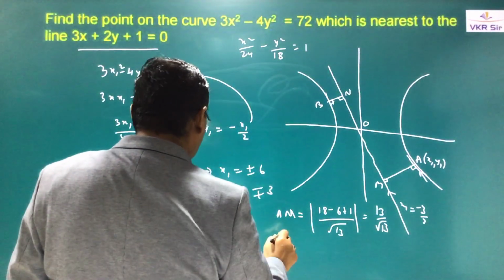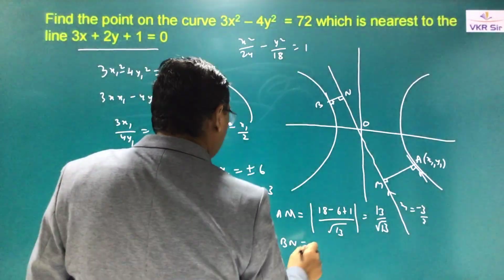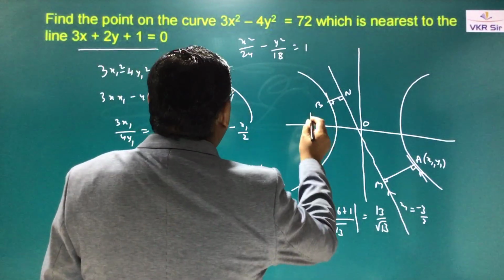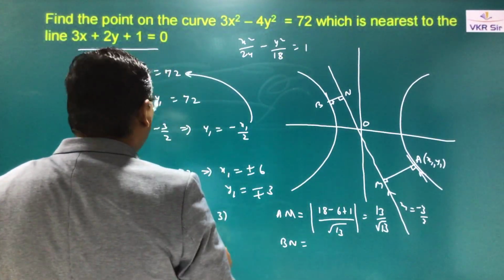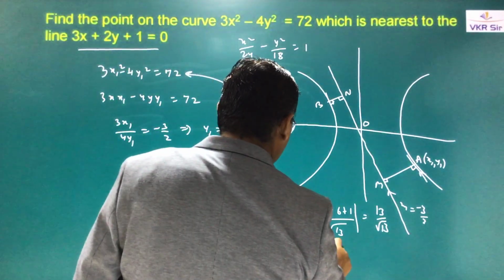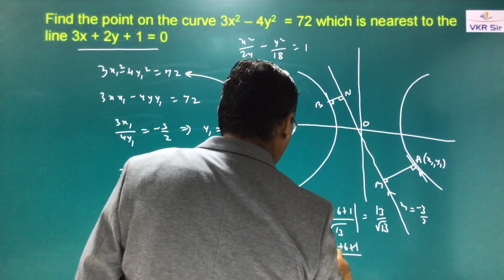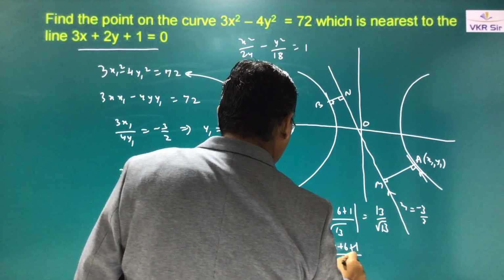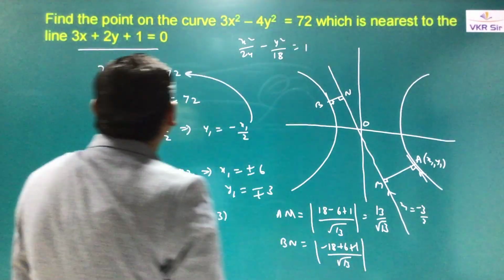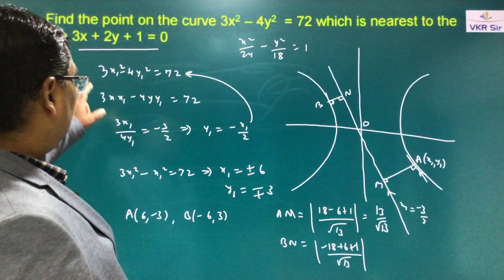And how much is BN? B is minus 6 comma 3. So it is minus 18 plus 6 plus 1 upon root 13, isn't it? Put it there.